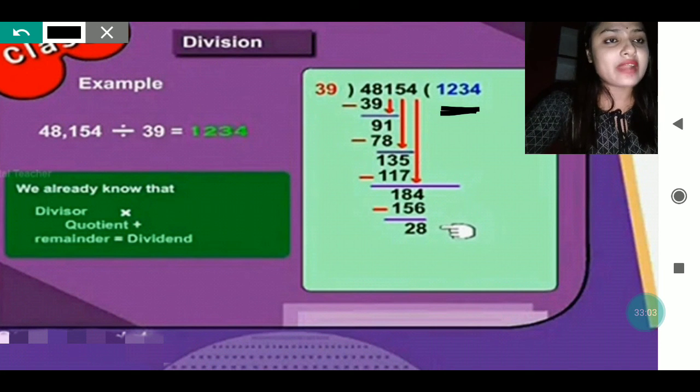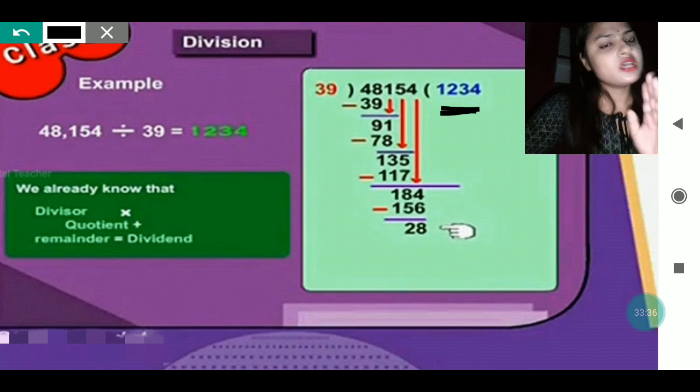So you have to subtract here 135 minus 117, because we have read the table of 39 three times, in which we get 117. When you subtract, 5 minus 7 you cannot do, so it will be 15. So 15 minus 7 will be 8. Now this side it is 2. 2 minus 1 will be 1, and 1 minus 1 is obviously 0, because previously it was 3, but it has already given 1, so now it is 2.